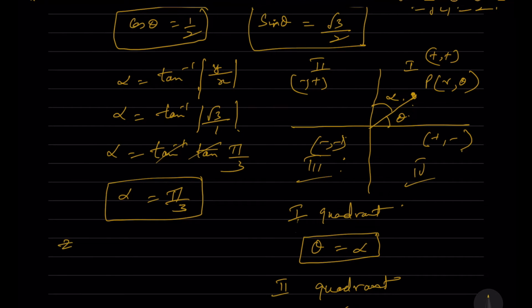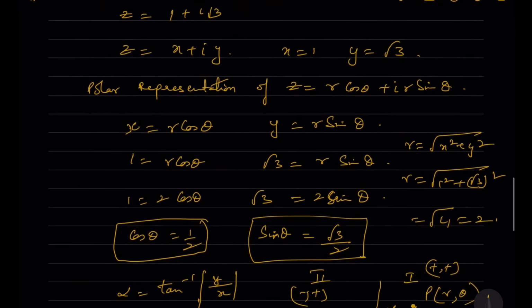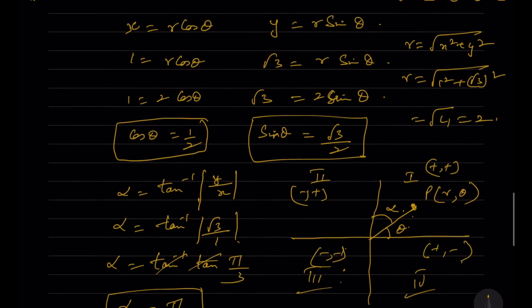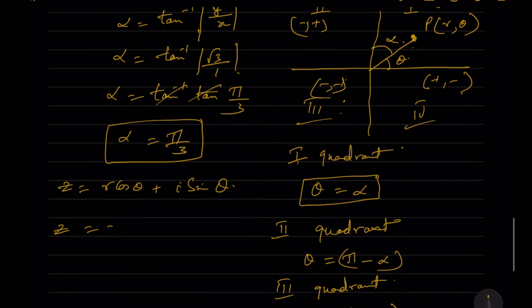The polar representation is r cos theta plus i sin theta. So z is equal to, what is r we got? We got r is equal to 2, isn't it? So we got 2 cos pi by 3 plus i 2 sin pi by 3.